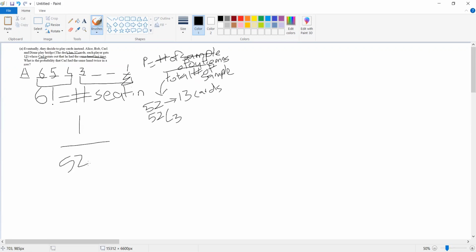So the denominator is 52 choose 13, because we're technically saying the total number of combinations of cards that you could have is this particular amount. Of that, there's only one particular hand which Carl would have had. For example, we could say he had one ace and one heart and something like that, and there's only one particular combination.